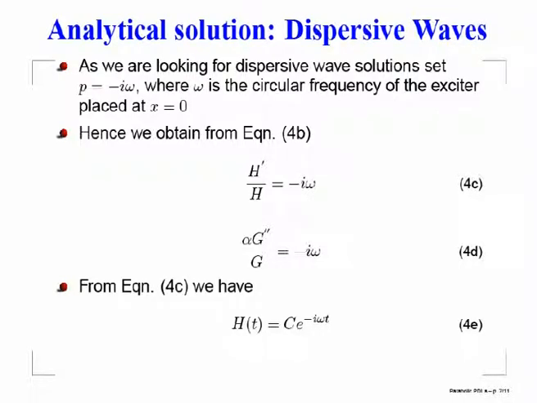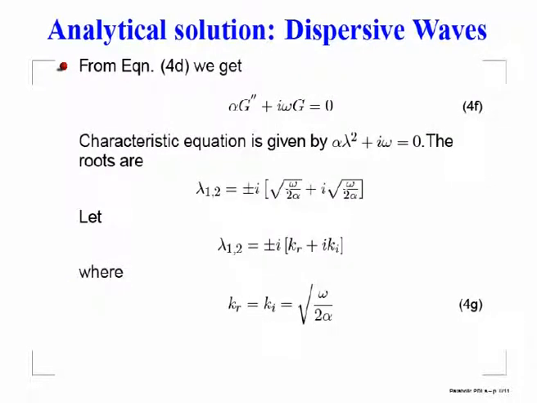You then substitute that constant also here, and this is the space dependent part. Look at the characteristic equation, that will give you alpha lambda square plus i omega, and you solve it, you get two parts, a real part and an imaginary part.